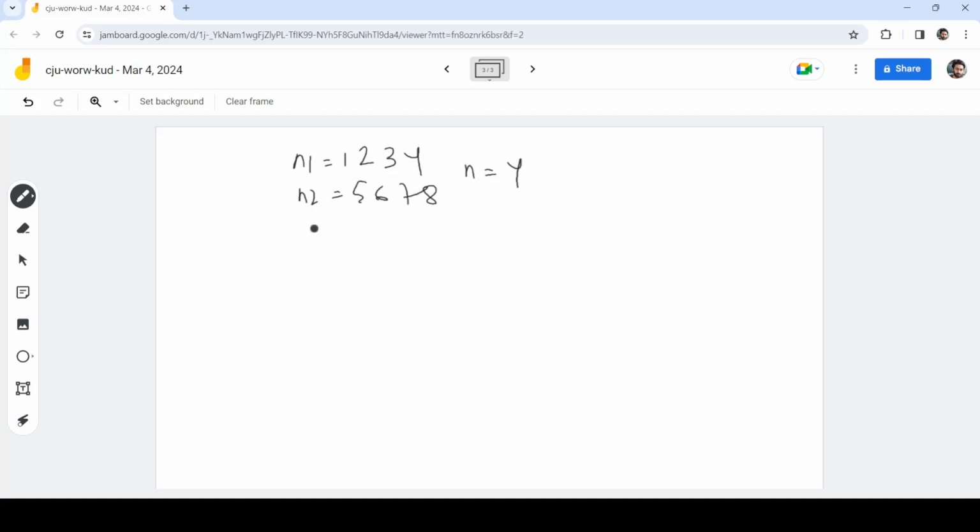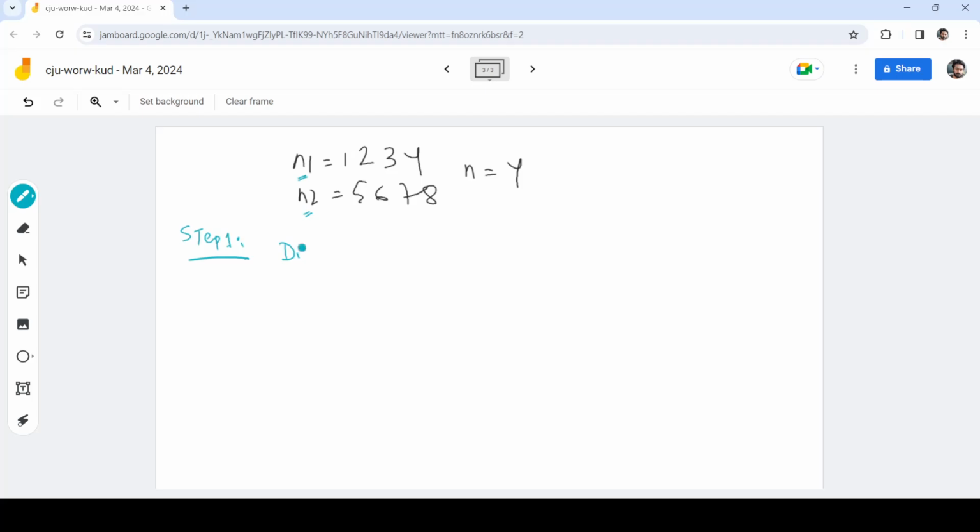এখন Karasuba algorithm কিভাবে এই মাল্টিপ্লিকেশনটা করে। সো প্রথম স্টেপটা হচ্ছে, so step number 1 is divide the numbers n1 and n2 in two portions, and each portion will be n by 2.